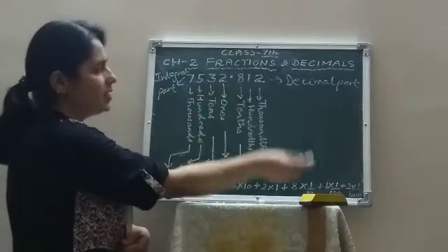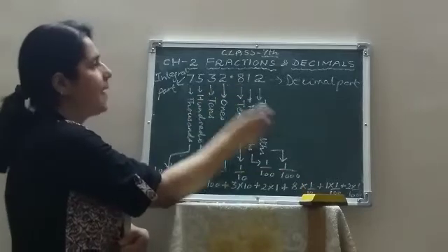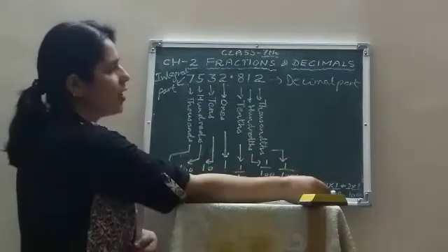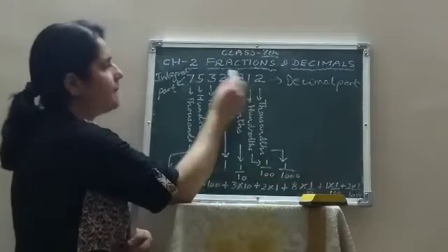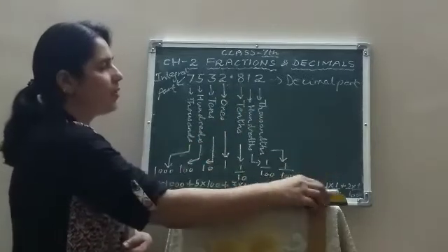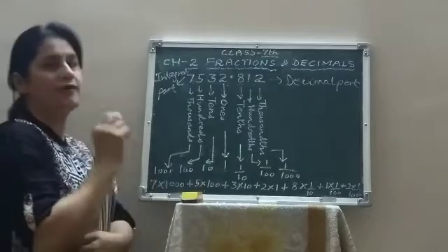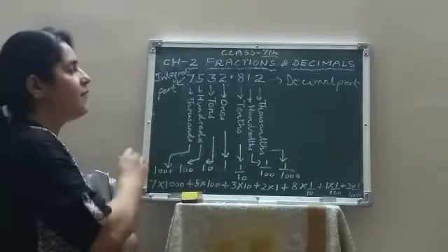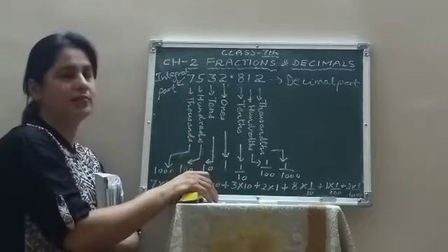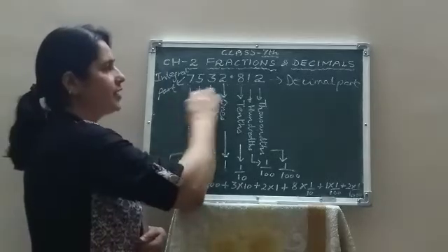So it becomes 8 into 1 upon 10 plus 1 into 1 upon 100 plus 2 into 1 upon 1000.